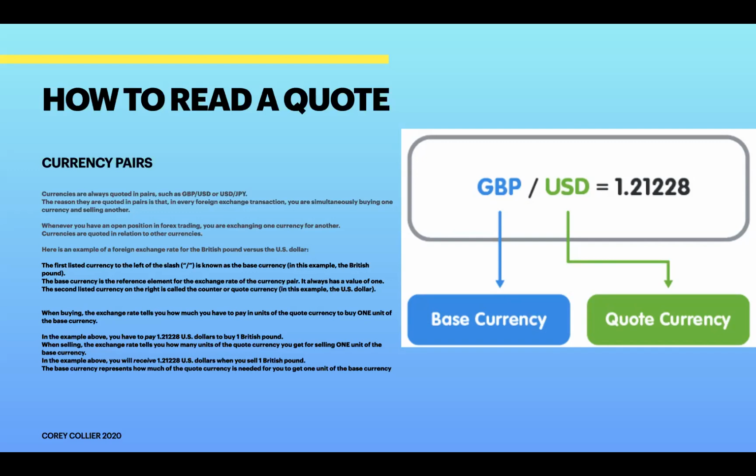And this example is United States dollar. When buying, the exchange rate tells you how much you would have to pay in units of the quote currency to buy 1 unit of the base. So you have to pay $1.21 and some odd pips to get 1 British pound, basically. All right. When selling, the exchange rate tells you how many units of the quote currency you will get for selling 1 unit. So if you were to sell, for 1 pound, you would get $1.21.